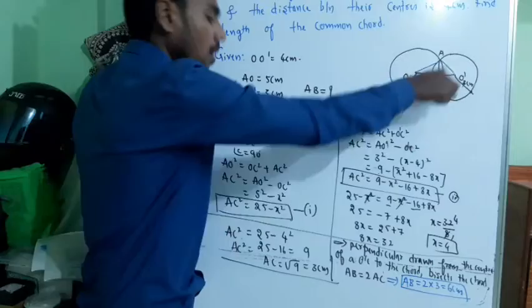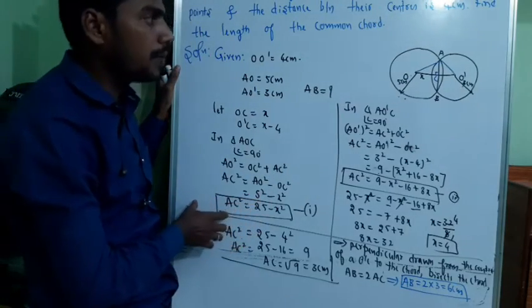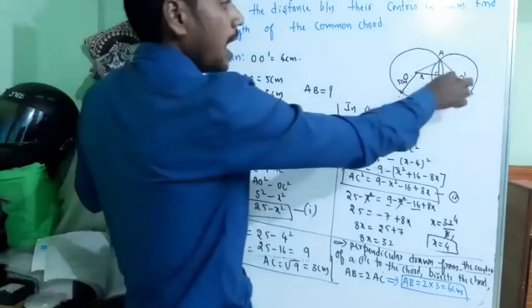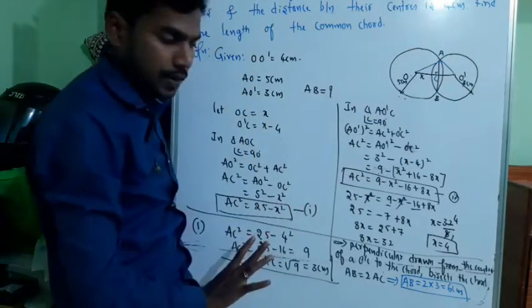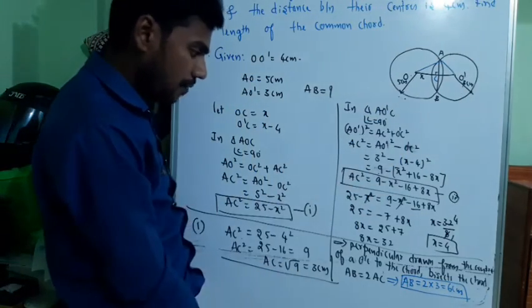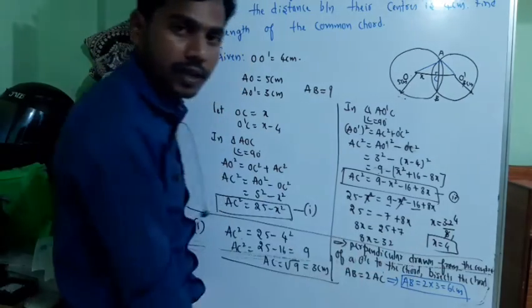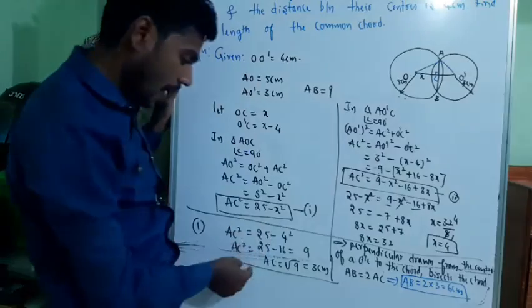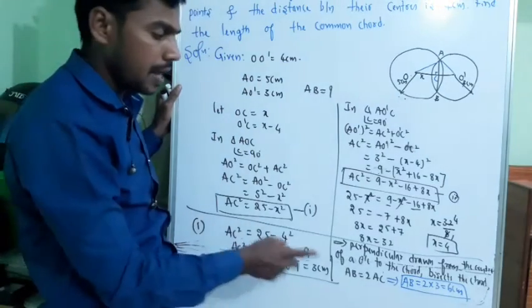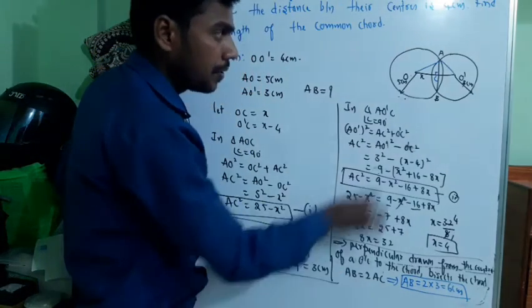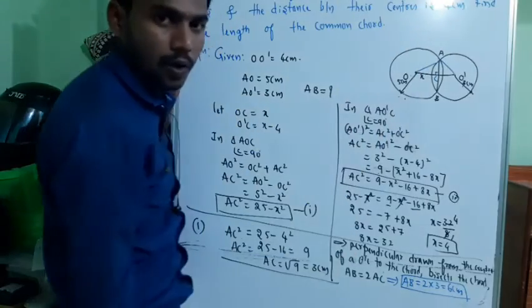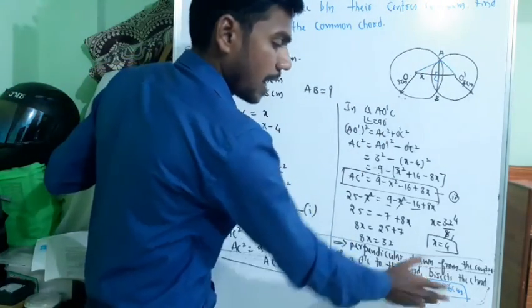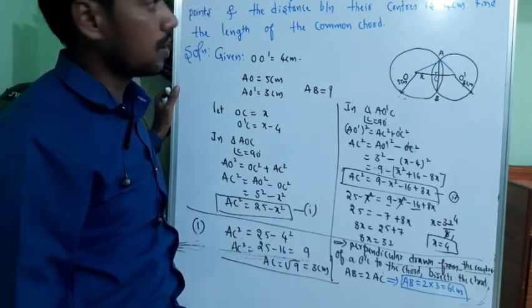So apply Pythagoras theorem here and obtain the relation for AC, and again in the other triangle also obtain the relation for AC. Compare them. After comparing, you are going to get the value of x. After that, using the value of x, you are going to find the length AC. Then using the theorem, you will come to know AB is equal to 2AC. Then you will arrive at the length of the common chord. Please note this down.